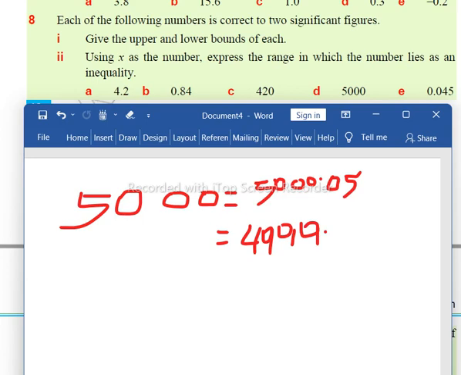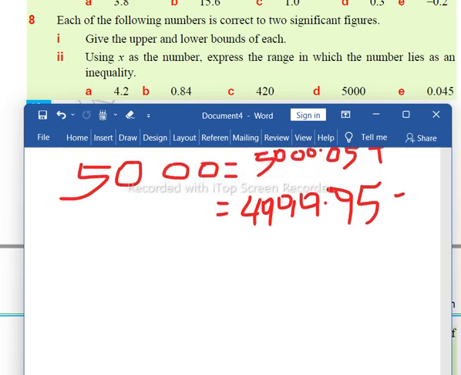So this is the lower bound, and this is the upper bound. So we can show this on a line. On the line we have the given number.